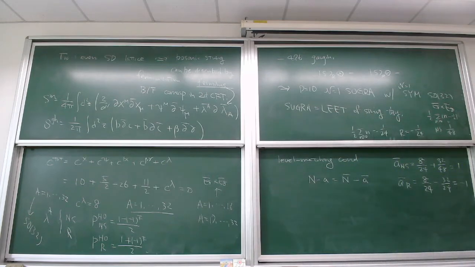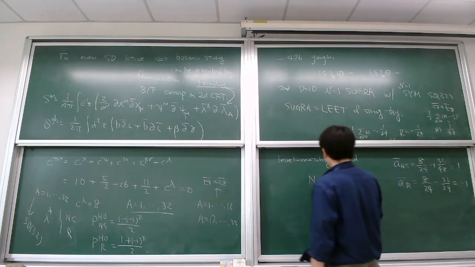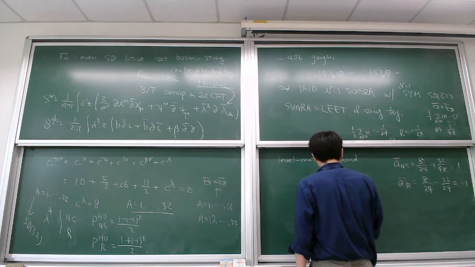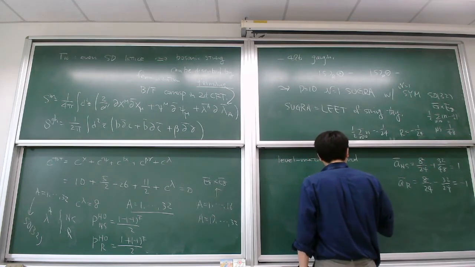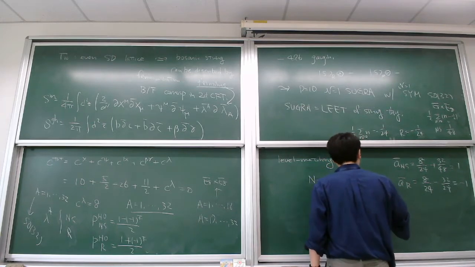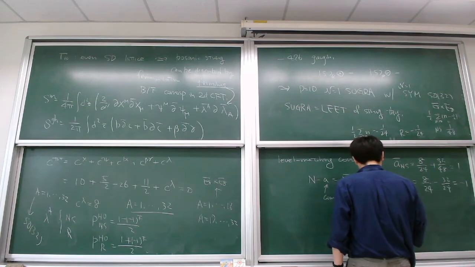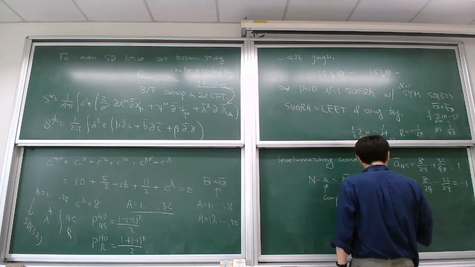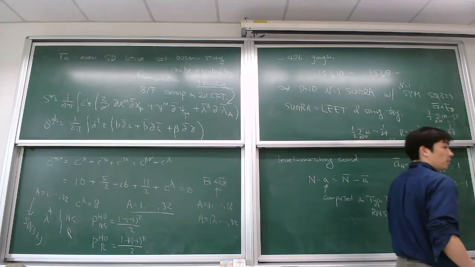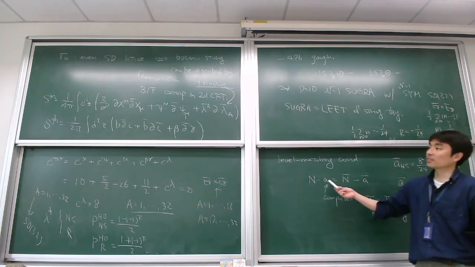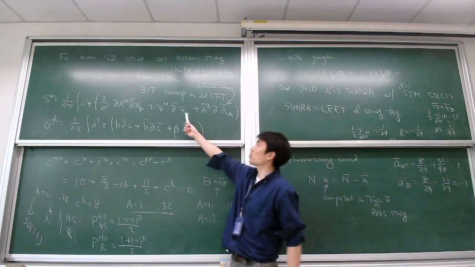So the left wing here is already computed by the type 2 or RMS string. Do you remember what A is supposed to be? This also depends on how you impose the boundary condition psi, right?